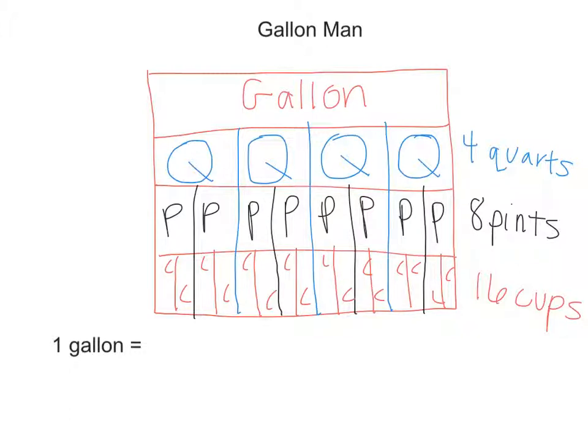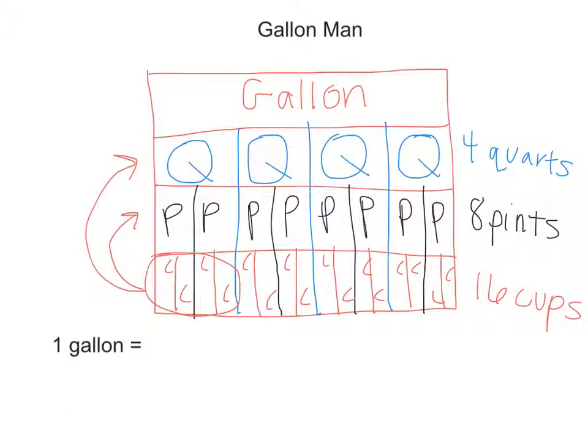And the reason I like to draw a gallon man this way is I can use my fingers to slide up and down on the chart to find the relationship between different units. So I can see that there are 2 cups in 1 pint, but there are 4 cups in a quart.